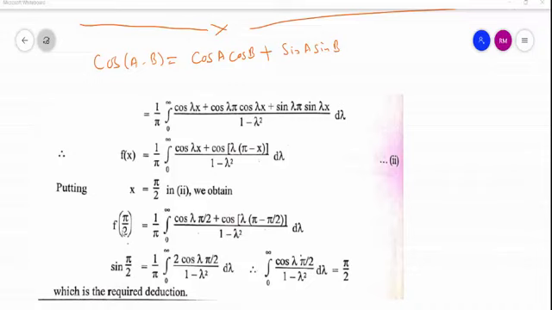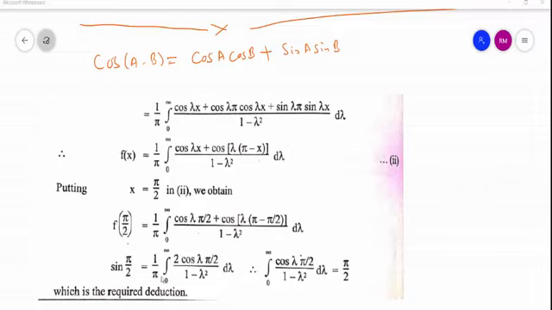So what is f of pi by 2? If we observe the structure of the function given in the problem, that is nothing but sin pi by 2, because pi by 2 lies between 0 to pi, so its value will be sin pi by 2 equal to 1 upon pi integration from 0 to infinity, and here pi by 2 is there, here also pi by 2 we get, so 2 pi by 2.